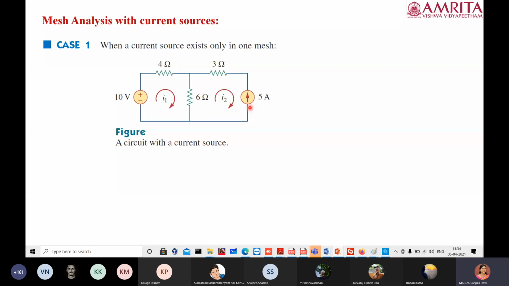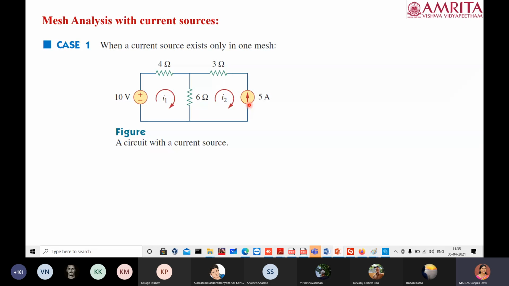In such a case, we have to follow a certain method. There are again two subdivisions possible when we are doing mesh analysis with current sources. The first case is when the current source exists in only one mesh. It is not common to two loops; it is present only in one mesh, as shown in the figure.